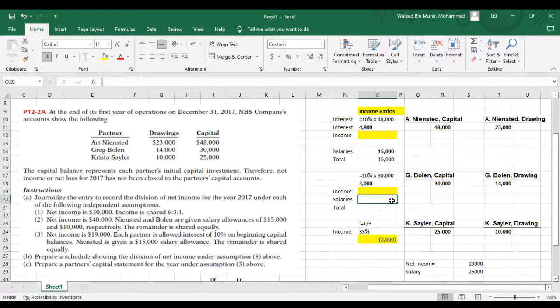Salary, he's not getting any salary, right? Only the interest, right?